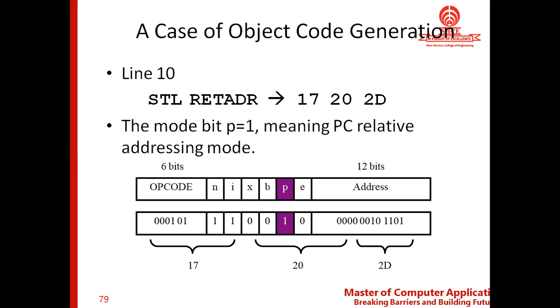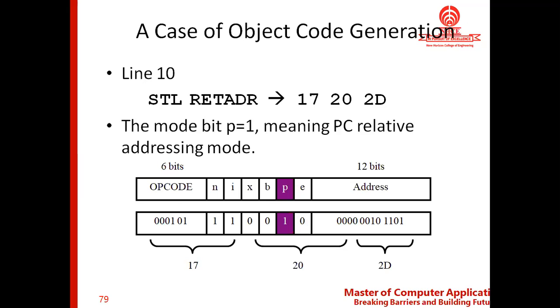Now, the next place would be for the displacement. How do we find the displacement? As you saw in the previous sessions, if the relative addressing is PC relative, then the calculation for TA is based on the formula which I have given you, the formula for calculating TA if the address is of the type program counter.